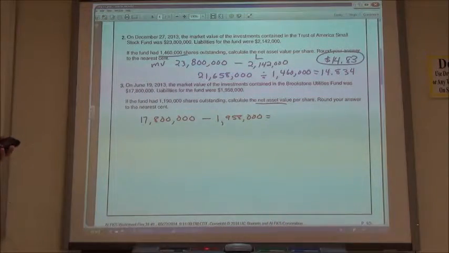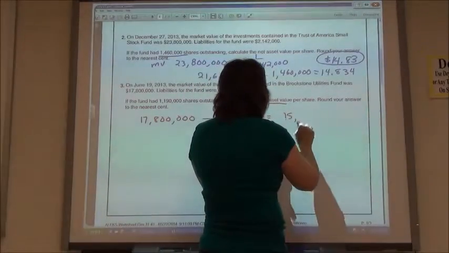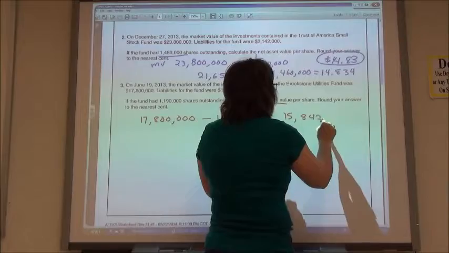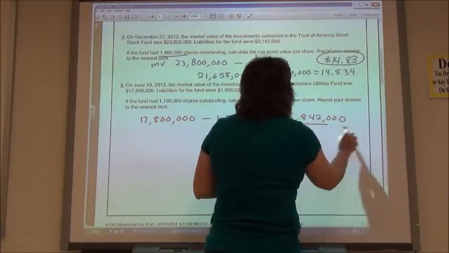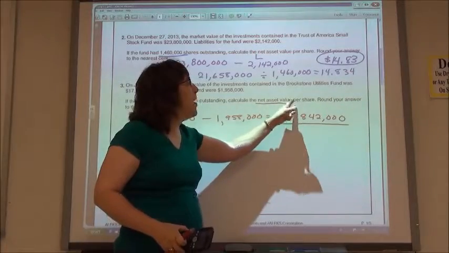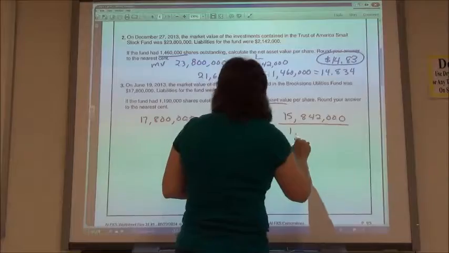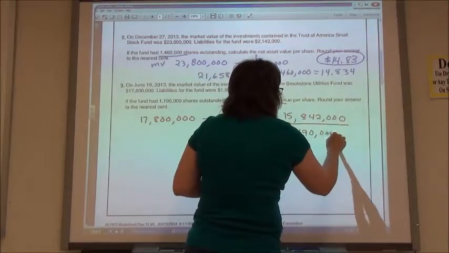So $17,800,000 minus $1,958,000 gives me $15,842,000. I am then going to divide that by the number of shares because it says to take the net asset value per share, divided by the shares, 1,190,000.